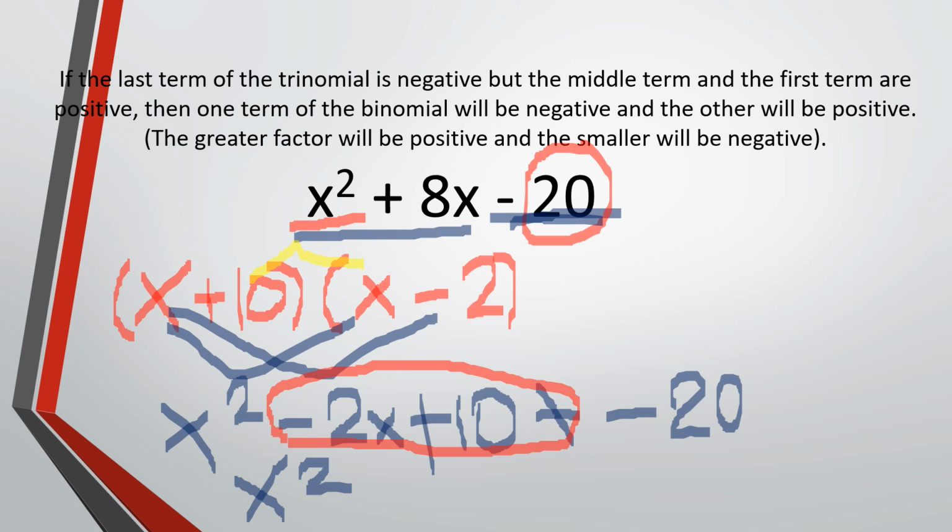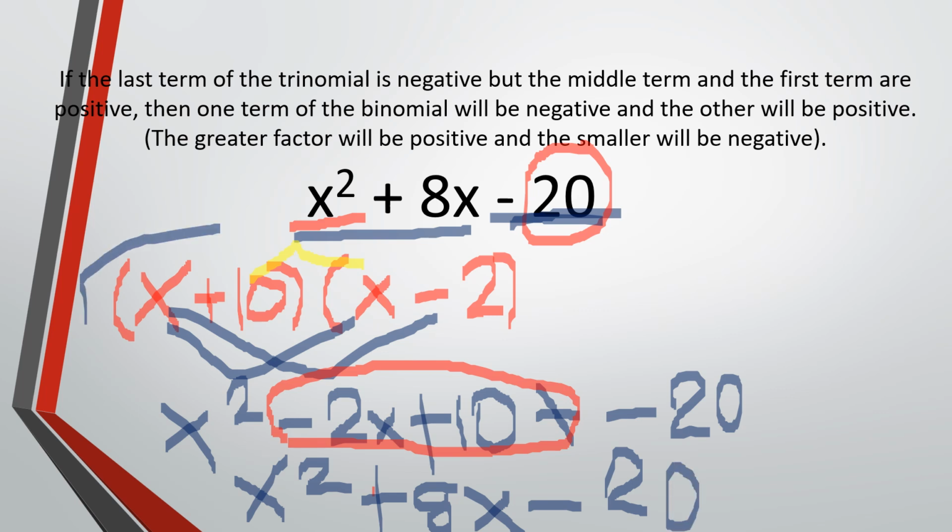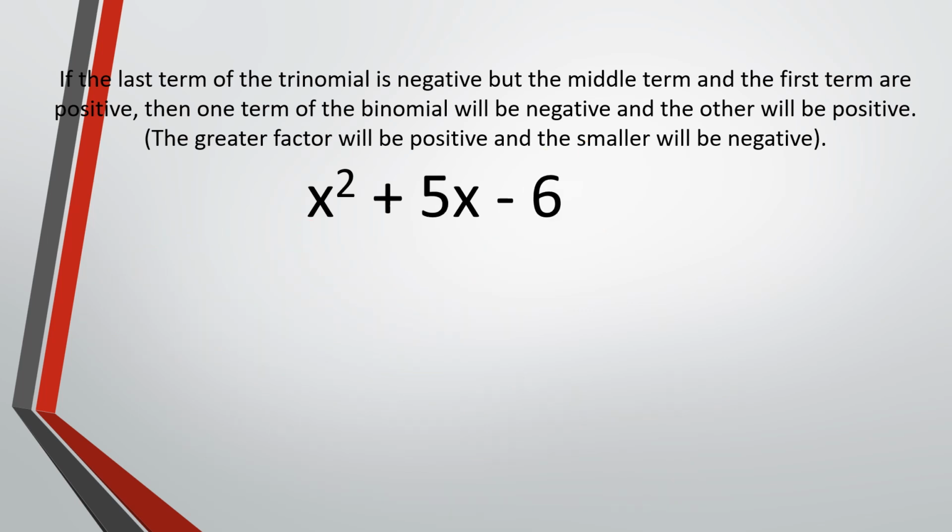Now, what is the sign of 10? We have positive. So we have positive 8x minus 20. Therefore, these factors are correct.